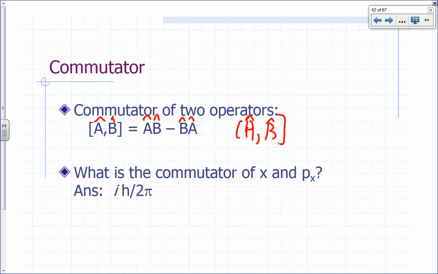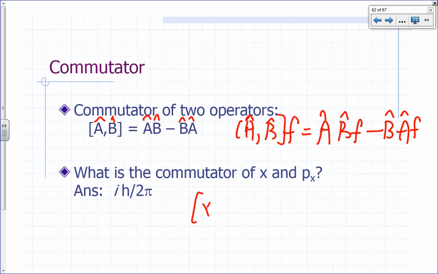A hat, B hat operating on a function means you operate B hat on function F, and then you operate A hat on the result. Subtract from that the result when you operate A first on function F, and then you operate B on function F. And in general, we say commutators do not commute.